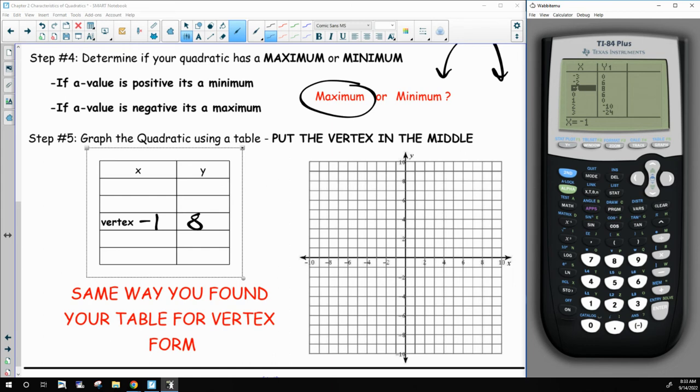But remember, if there ever was gross nasty decimals, you can always go and pick the nice whole numbers. So above it, we have -2, 6. And then -3, 0. Below it, we have 0, 6. And we have 1, 0.